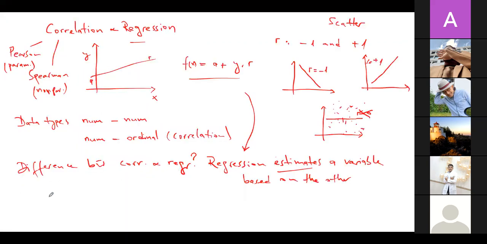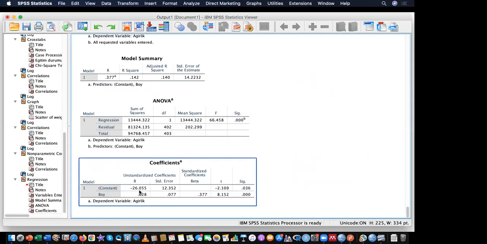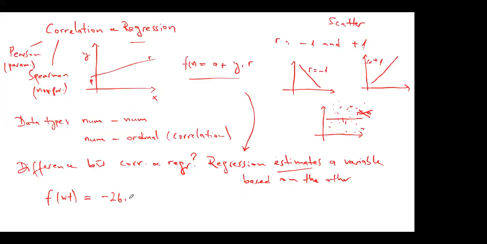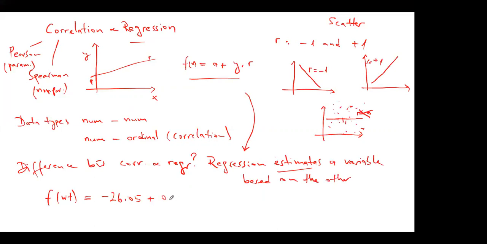So if I want to write down the function, body weight would be equal to -26.05 plus, because this constant here is plus, 0.628 multiplied by body height.